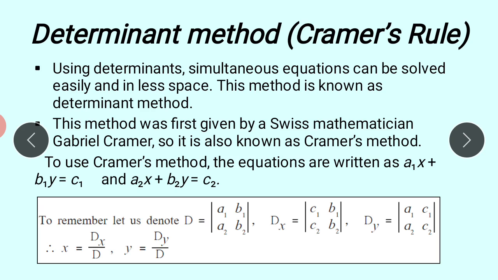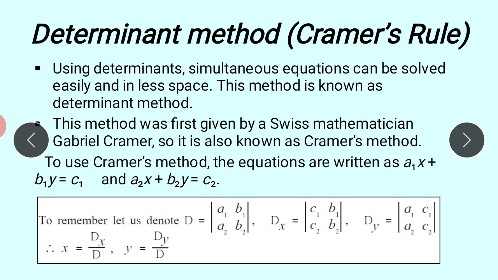First, to use Cramer's method, the equations are written as a1x plus b1y equal to c1 and a2x plus b2y equal to c2, which means our standard form of simultaneous equations. Then capital D. You know that a determinant is denoted by capital letters. Determinant D is equal to a1 a2 and b1 b2.